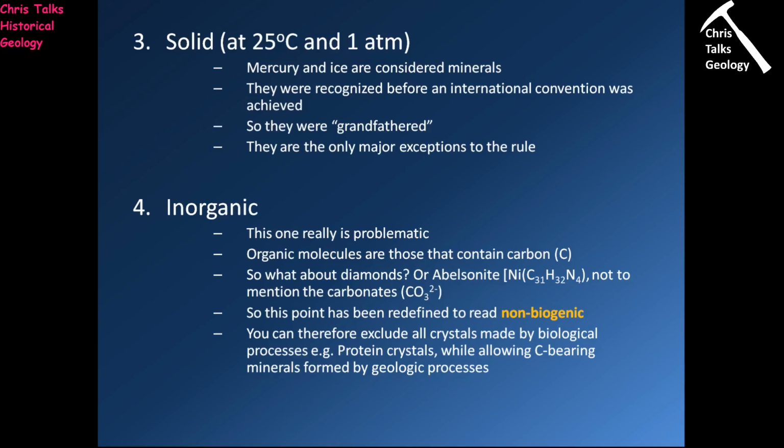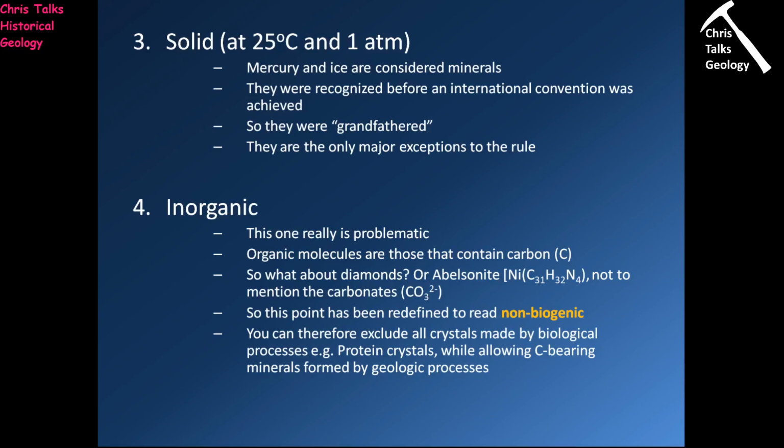So inorganic has now been changed to non-biogenic. What we're saying is the carbon in a mineral is not being produced through an organic process. The diamonds are being produced through the combination of heat and pressure on a material which contains some carbon. So there's no organic process involved in that. It's just purely pressure and temperature controlled.